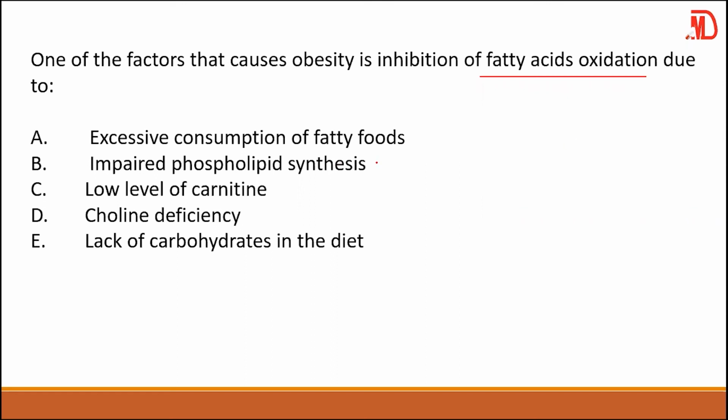All right. So over here, there's inhibition of fatty acid oxidation. And anytime there's an inhibition of fatty acid oxidation, it means you are not able to carry the fat into the mitochondria to be broken down for energy production. Of course, you know the powerhouse of the cell is the mitochondria.